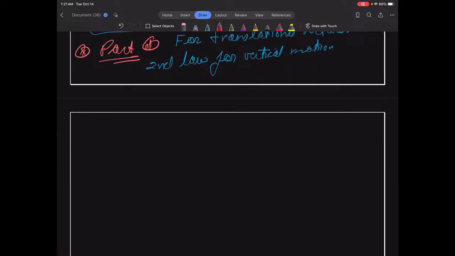So vertical, let us say that it is entirely in the y direction, therefore we can say that the summation of the forces in the y direction will be equal to m times the acceleration of the center of mass in the y direction. Okay. And for that we can just draw an approximate figure.